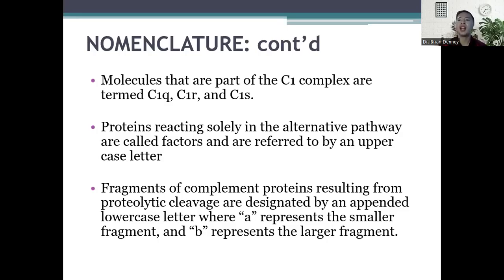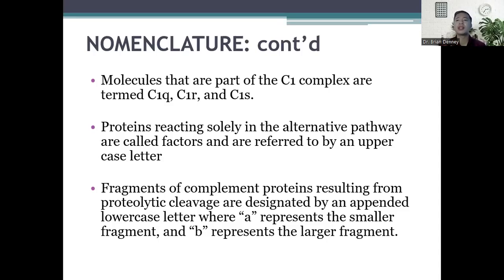But there is an exception. And what is that exception? Have you read? Okay. The exception is the complement protein C2. Why?